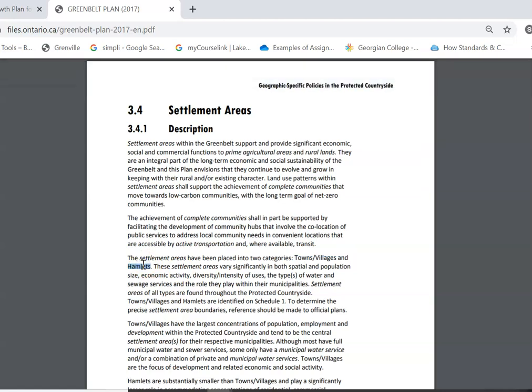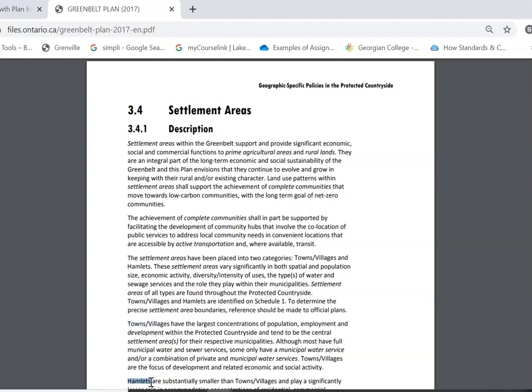And pay attention as you're answering the questions to looking at things like the size of these different areas or different municipalities. So towns and villages and their sizes are very different than what hamlets are.